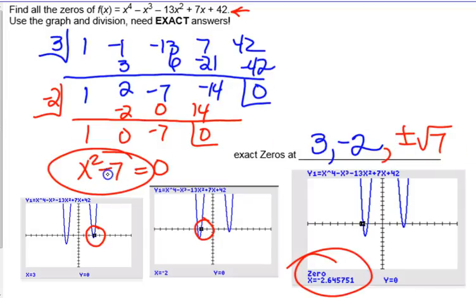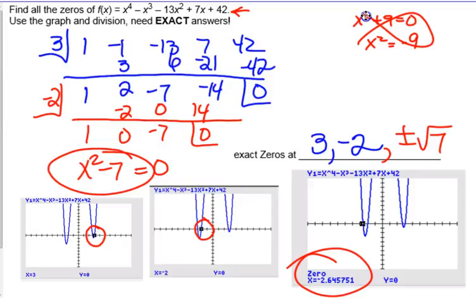The worst case scenario is you'd have to use quadratic formula when you got to the end here, right? If it had been at the end like x squared plus 9 equals 0, you get negative 9. Are those real zeros? No. All right, I'm moving on. We okay? Yes, person.